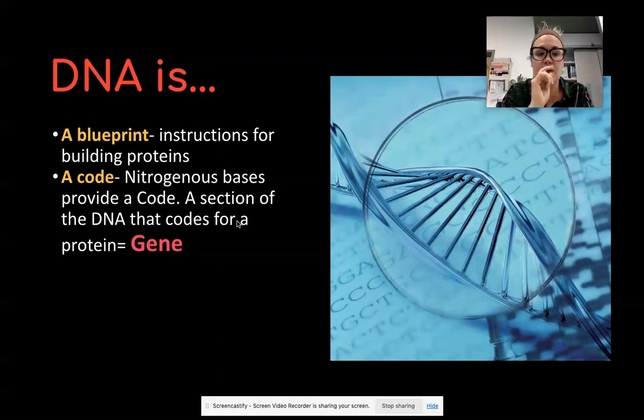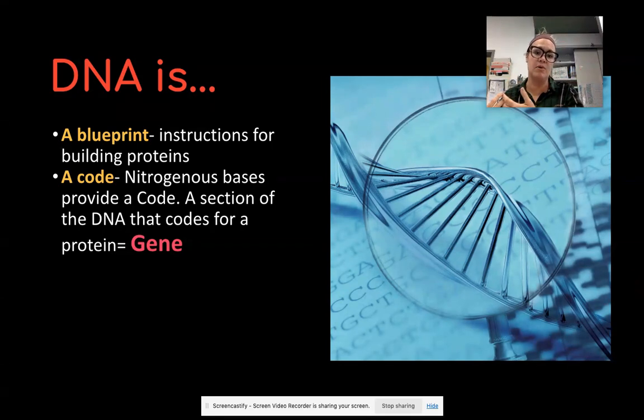A code is the actual order of the nitrogenous bases. It gives the physical information for how a protein is to be built. And we're going to walk through the steps of that.